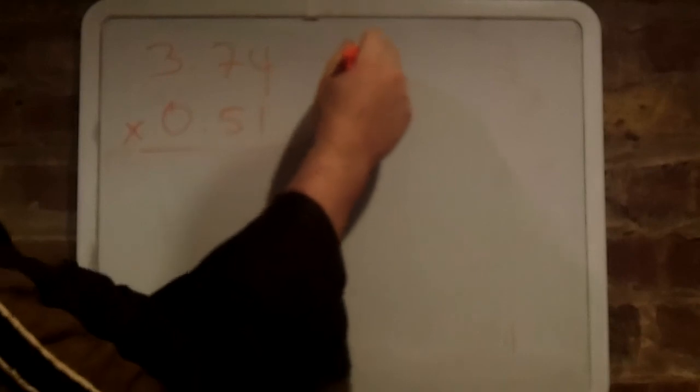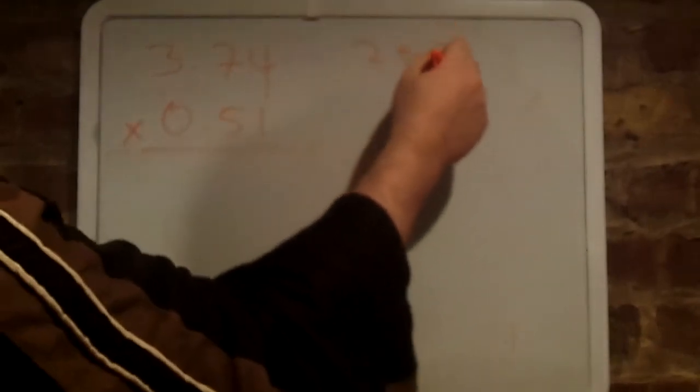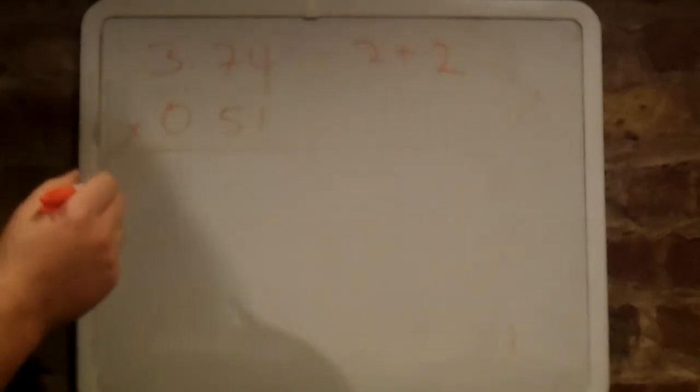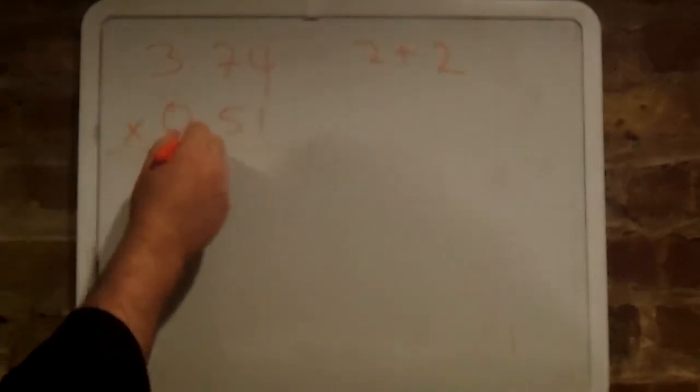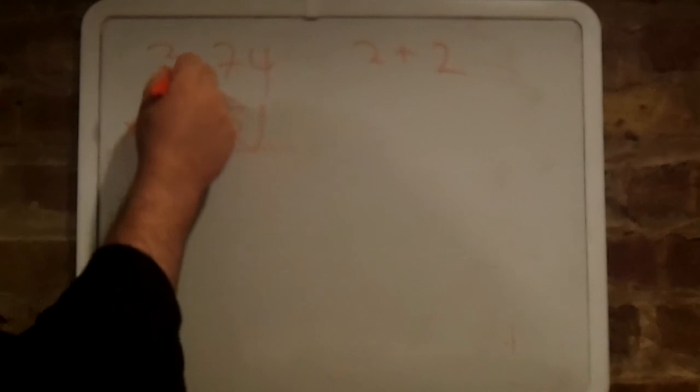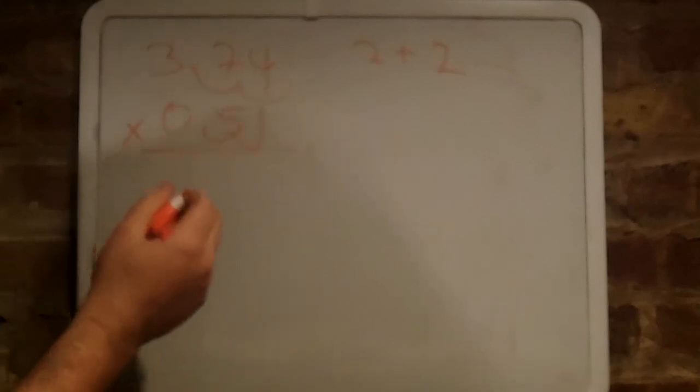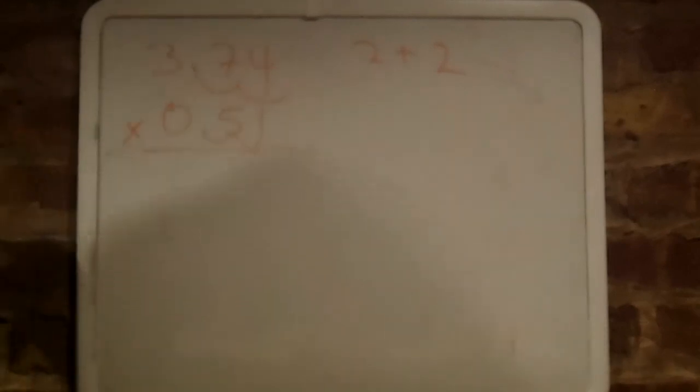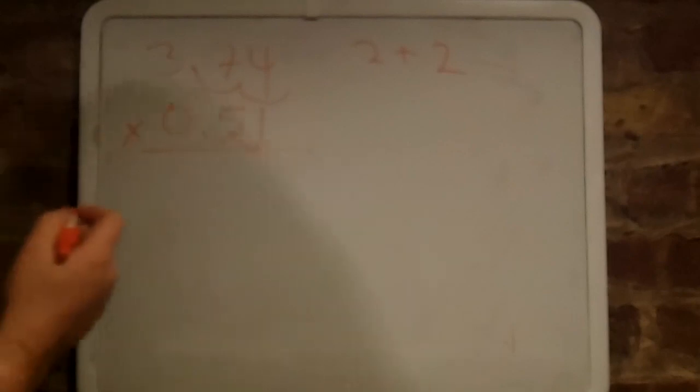So up here we have 2 digits to the right of the decimal, and then we have 2 more digits to the right of the decimal, like that. So when we work this problem, we're going to work it as though we're multiplying 51 times 374, and then when we're done, we're going to move the decimal point backwards to where it was before.